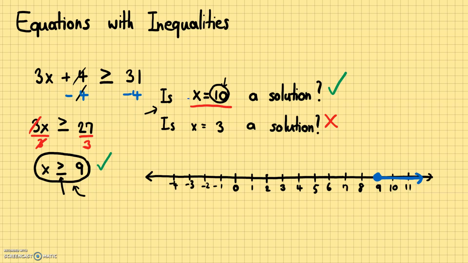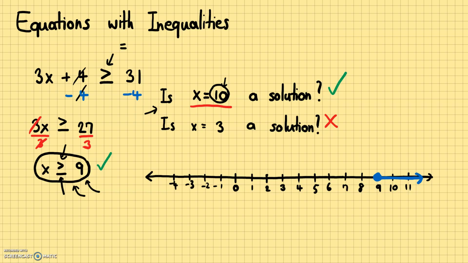It's greater than or equal to 9, so it's going this way. Okay, so that's how you can solve inequalities. It's basically the same thing that you're doing for equations. So treat this as if it was an equal sign, but remember to keep that sign in your answer as well. Do not substitute that sign for equal sign in the answer. And once you get the answer like this, you need to know what this means.